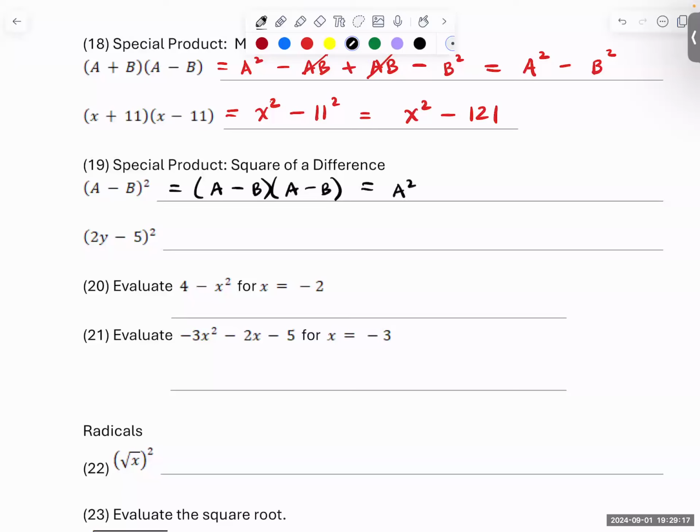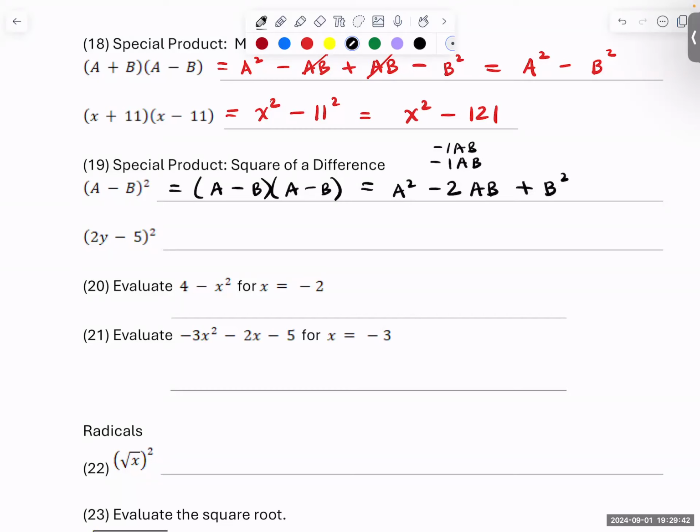The outer product is minus AB. The inner product is minus BA, but that's the same as minus AB. So those last two product terms are like terms and combine to minus 2AB. And the last terms multiply to plus B squared.